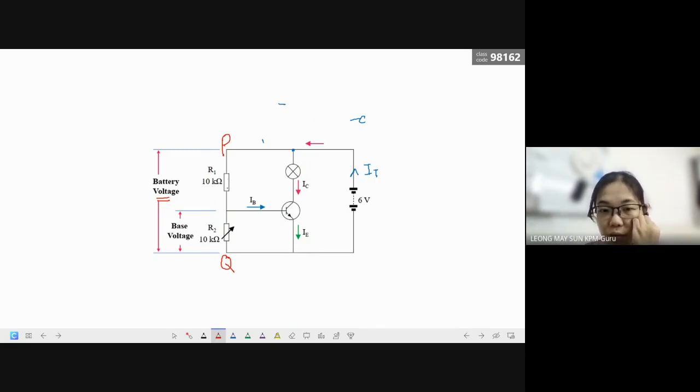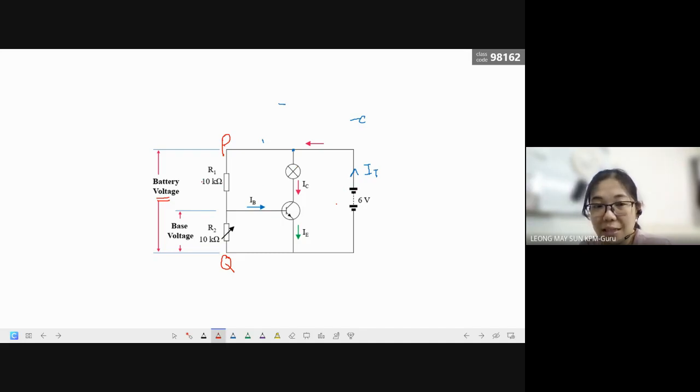But there are two resistors here. We're not going to look at the transistor part. These two resistors, in consideration of the battery, are located in series to the battery. I repeat, resistors R1 and R2 are in series to the battery.